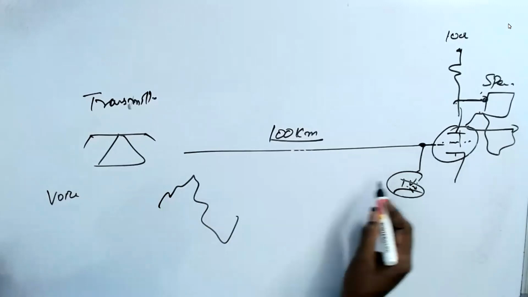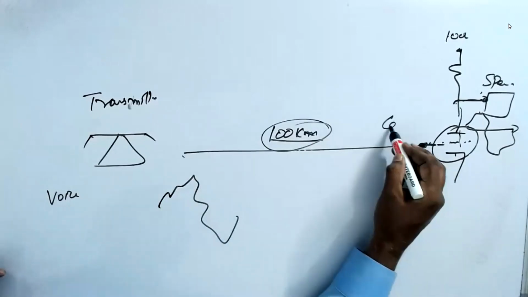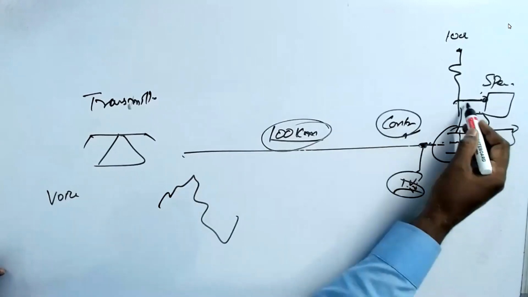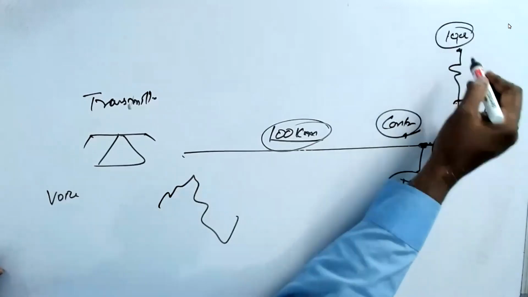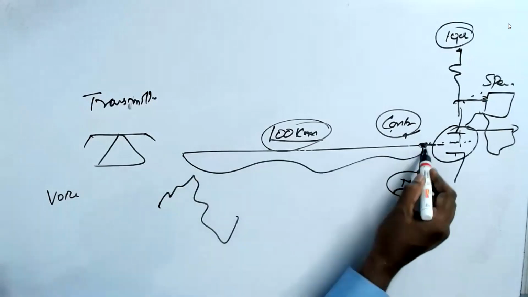Please understand, this voltage after 100 kilometers of wire is going as a control. What goes to the speaker is this plus this. So this is exactly what is happening: the drop in the wires.